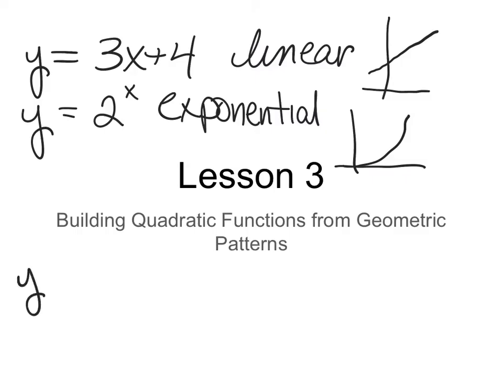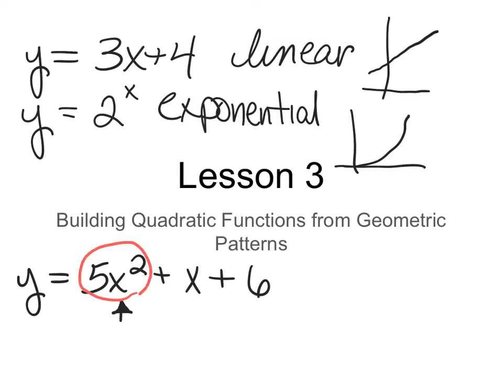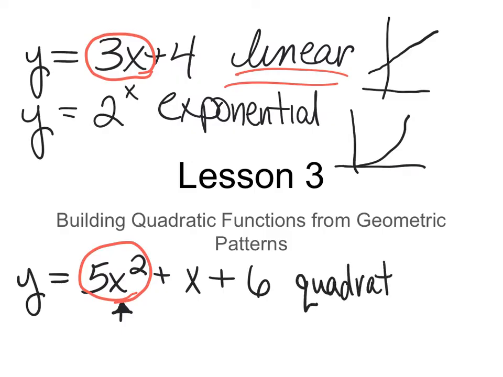Now we're talking about quadratics, which are in the form of, let's do 5x squared plus x plus 6. Okay, we have an x squared term. What I want to show you is here my first term is x squared, where here my first term is x, where that is linear and this is quadratic.